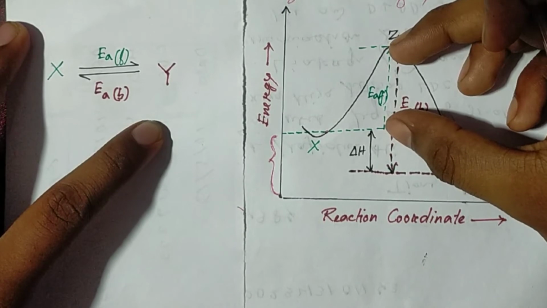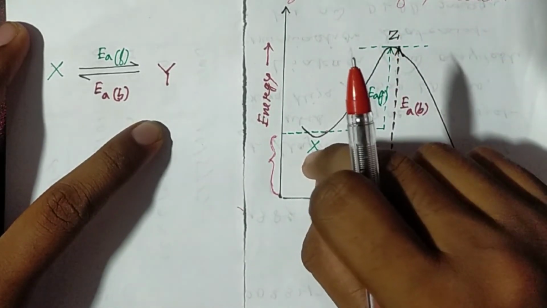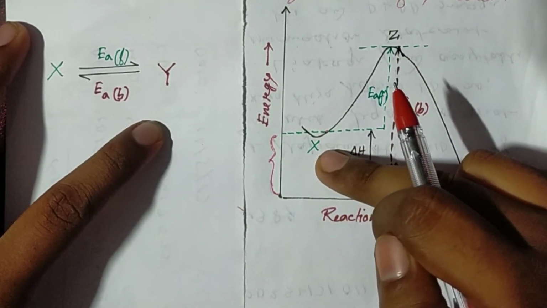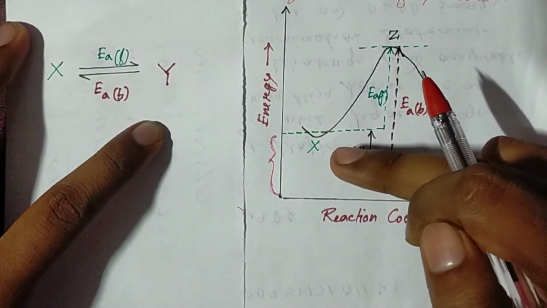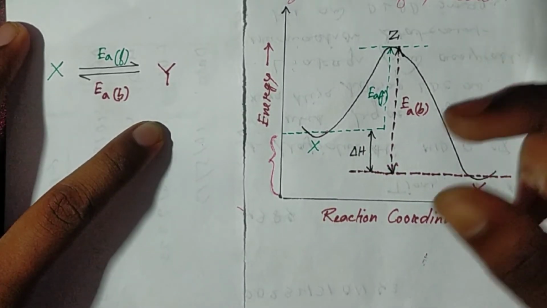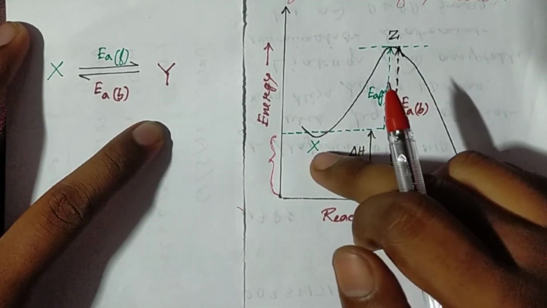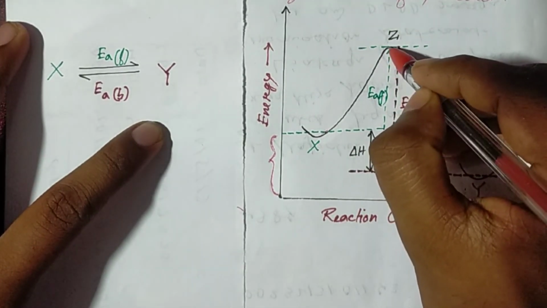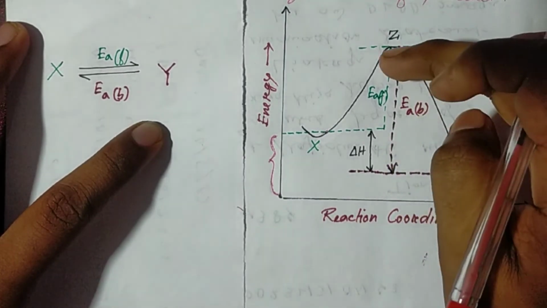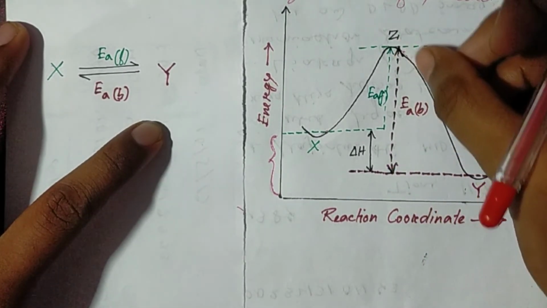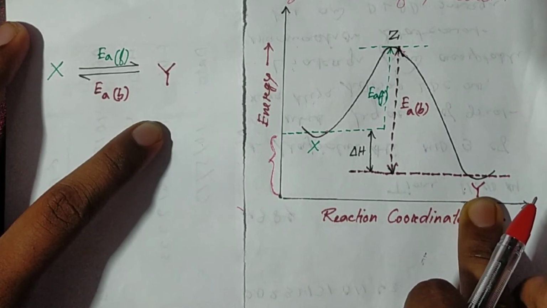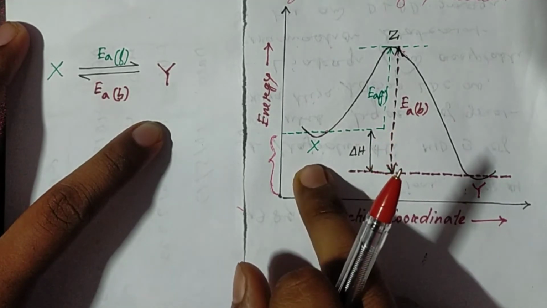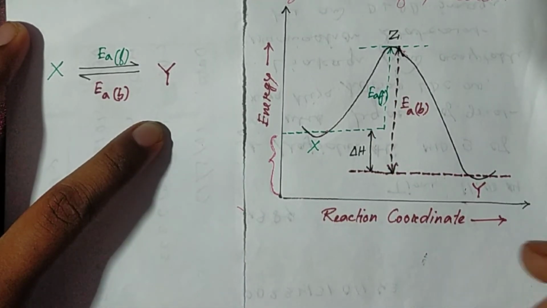So this is the activation energy for X. X needs this much energy to cross this part. After that only it can give the product Y. So this is the activation energy for the forward reaction.